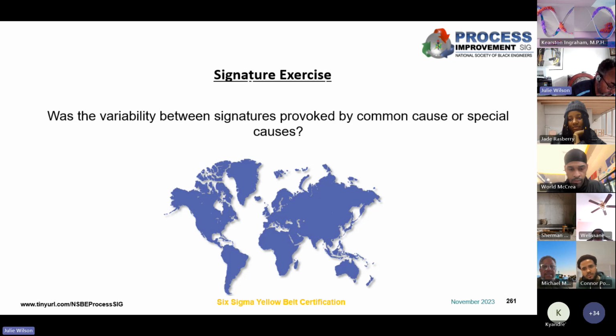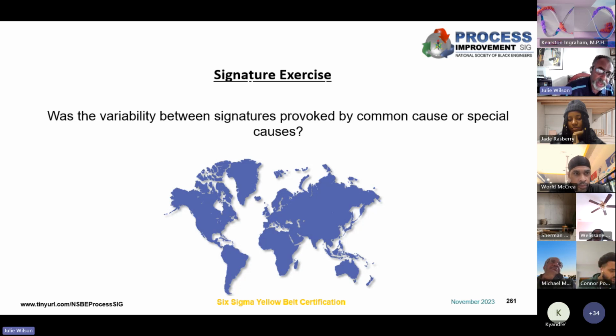Most people can't even recognize them as signatures. So here the question is, again, is the difference between the 5 signatures that you wrote the second time common cause or special cause variation? Actually, the answer is it's common cause variation.